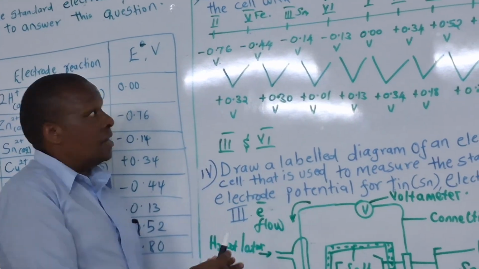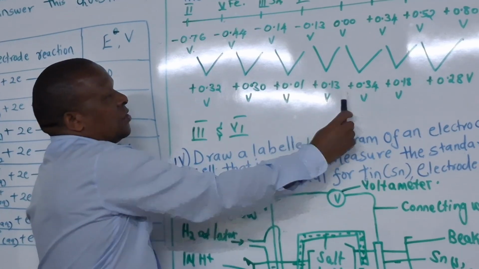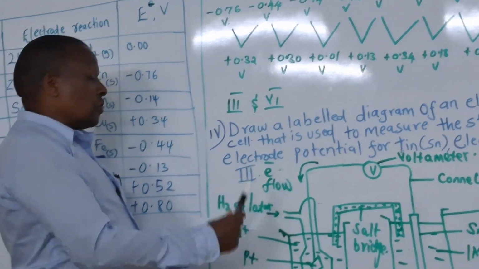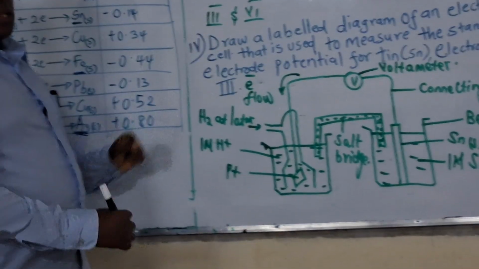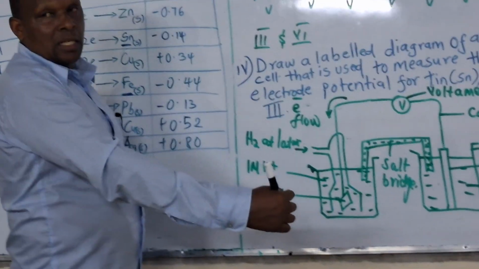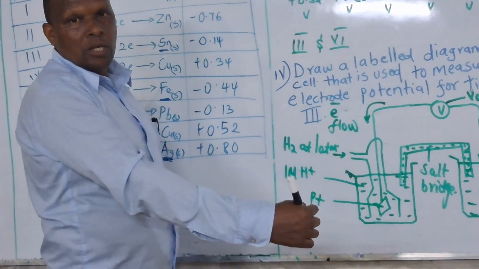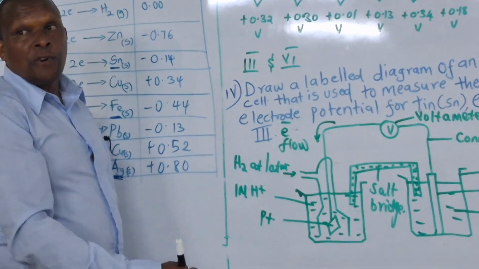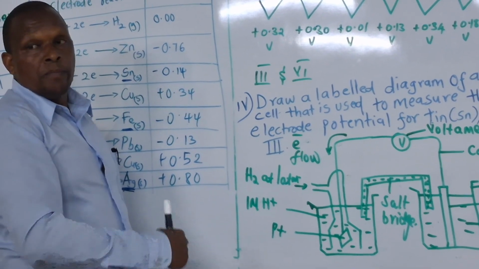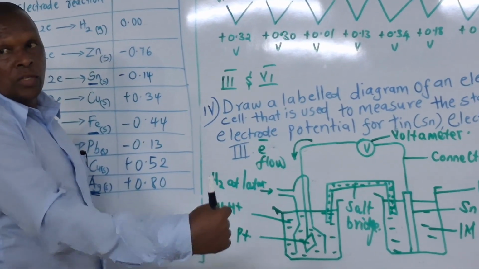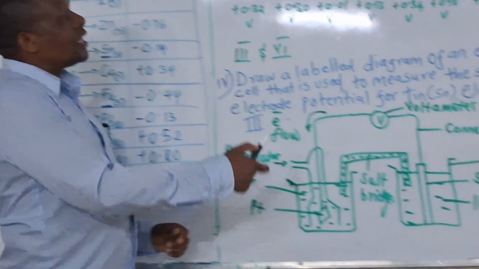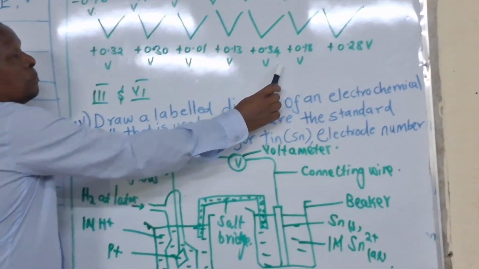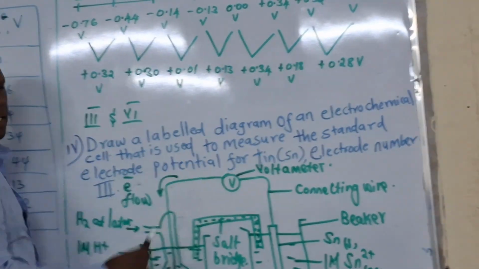In a normal cell, whereby the voltage is positive like these ones, electron flow will always be from left to right. That's the electron flow. What about the current flow? From right to left. That's the flow of current. Under ordinary conditions, when the voltage is positive, like in this case here.